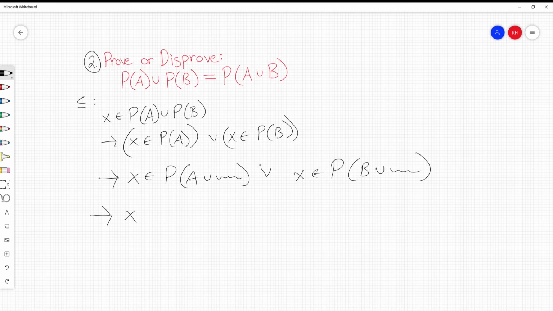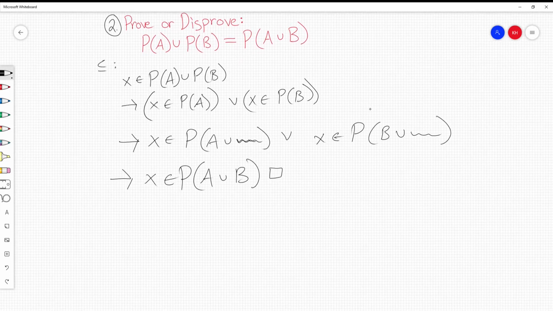So this implies that X is an element of the power set of A union B, because any set you put in here, the universal set, the empty set, or any set for that matter, it will always hold true because we have the power set of A in there. So we've gotten through the first half of our problem, no problems whatsoever.